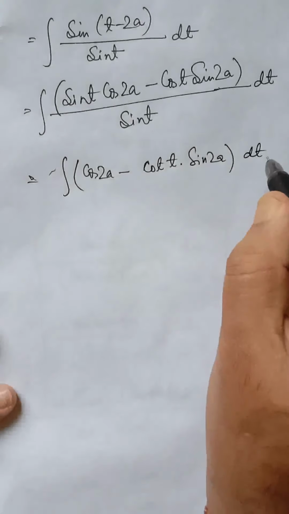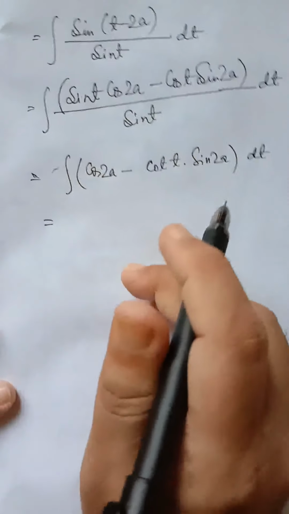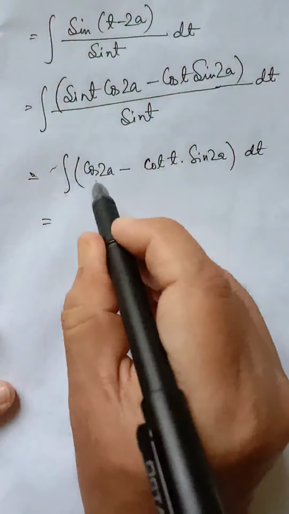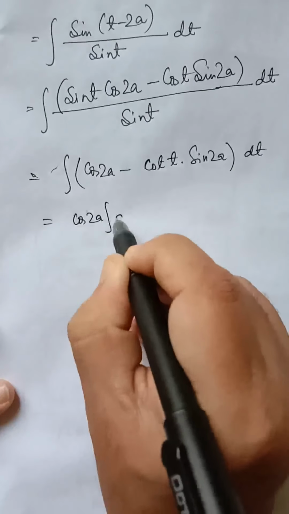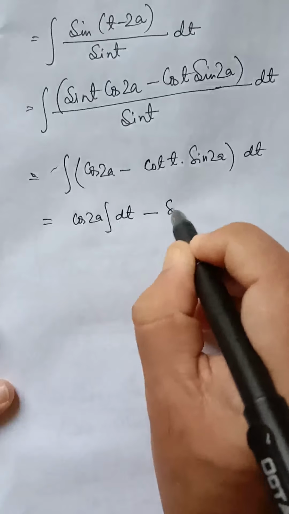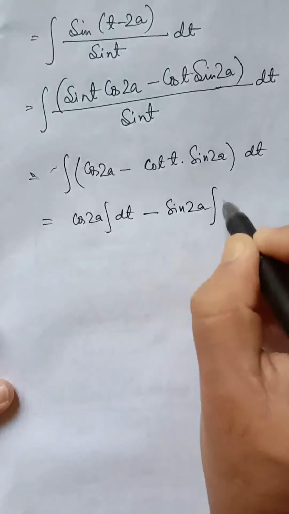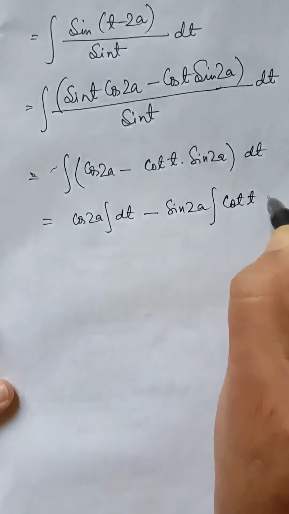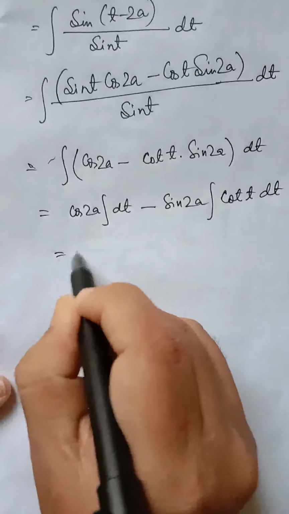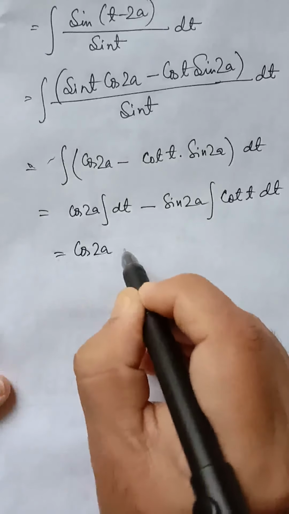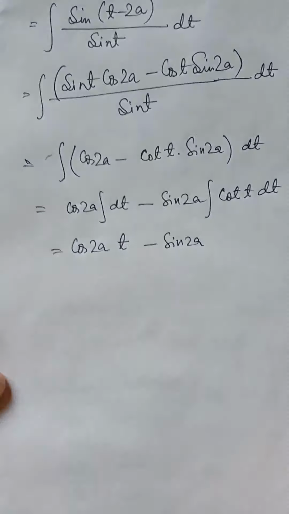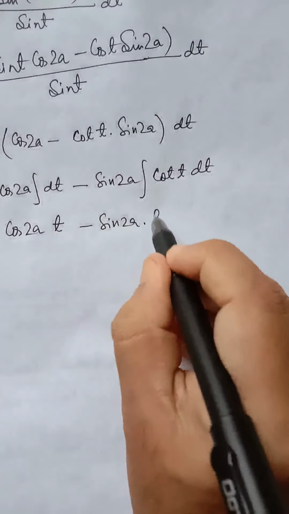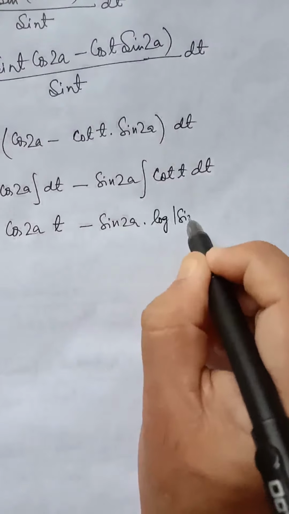As t is the variable, all other terms other than t are constant, so cos 2a is constant here, and we can write cos 2a out of the integration sign, minus sin 2a times the integration of cot t dt. So it will be cos 2a times the integration of dt, which is t, minus sin 2a times the integration of cot t, which is log of sin t.